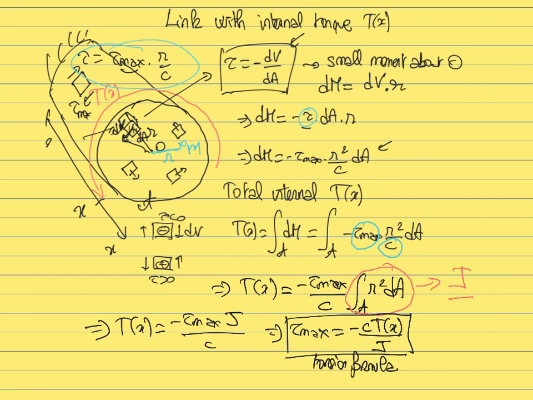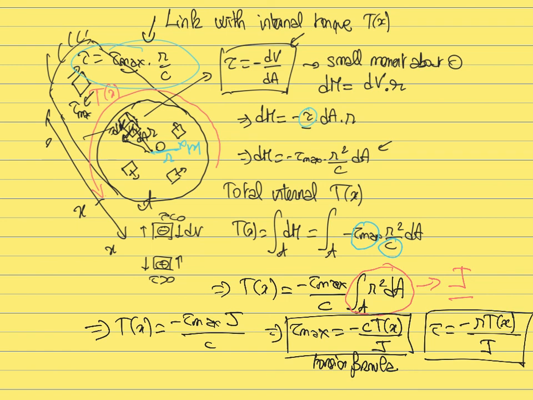If you want the shear stress not at the surface but inside, then you can use this formula here. You can take this expression and multiply it by r divided by c to get tau, which is now the shear stress inside the member. In this case, it is equal to minus r times the internal torque divided by the polar moment of inertia.